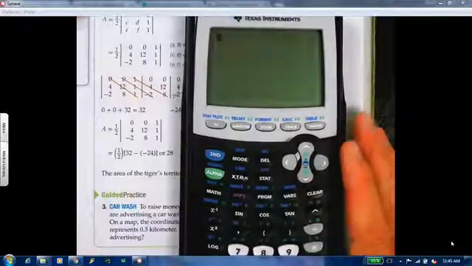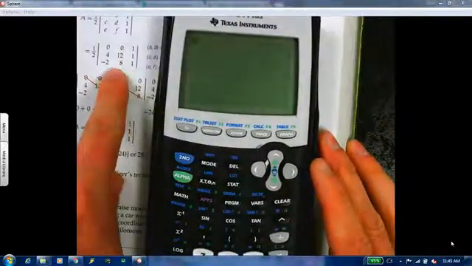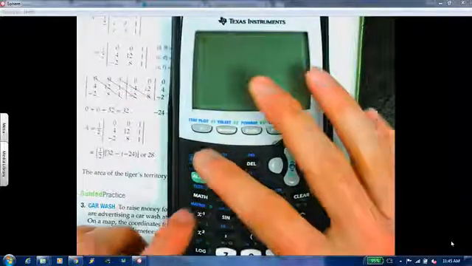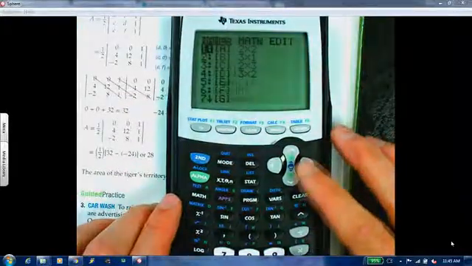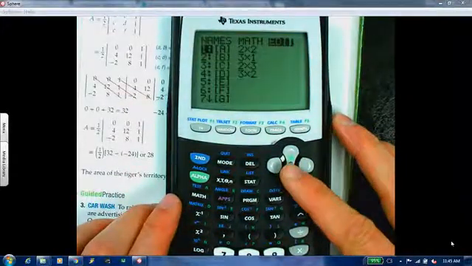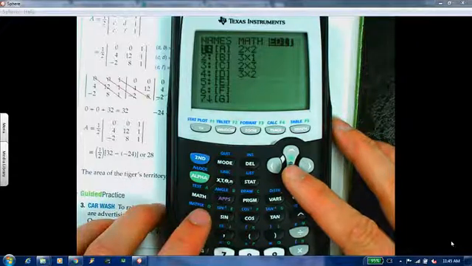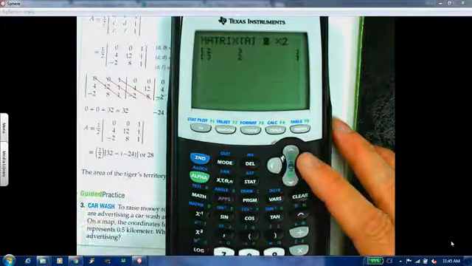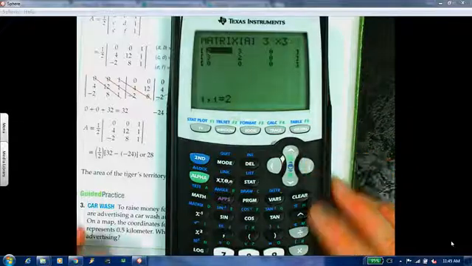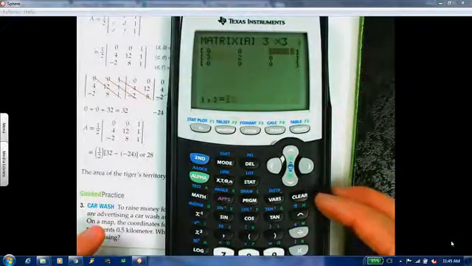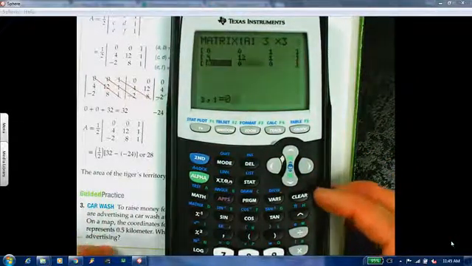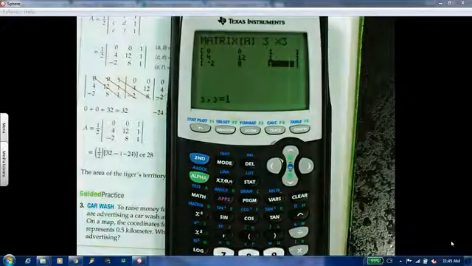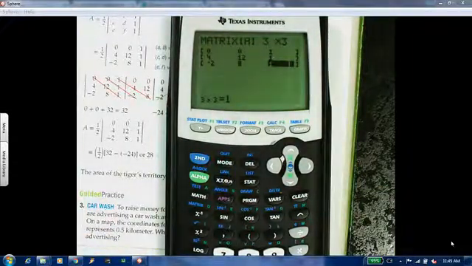Yep. So on this one, this is your matrix you're going to put in there. So you go second matrix, and you have to edit. And I want to make it a 3 by 3 matrix. I'm just going to type in that matrix. Yes.